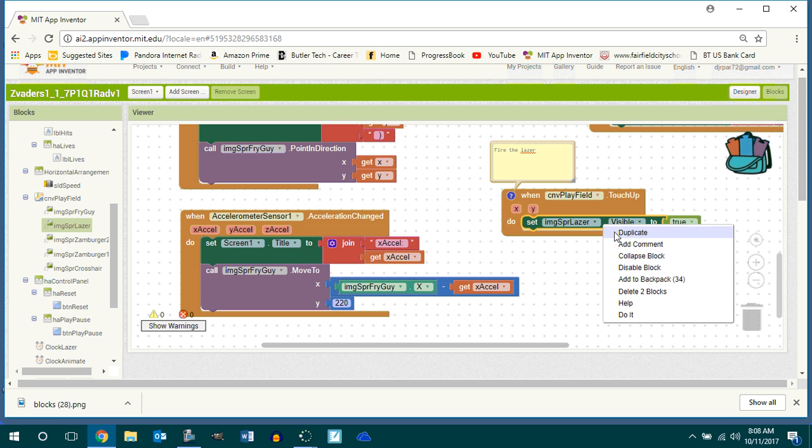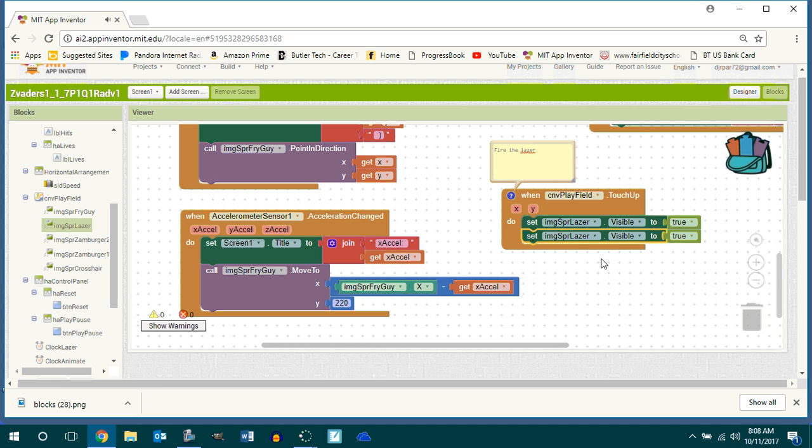And now I can set a bunch of the properties of my laser. I can set its speed. I believe there's a heading to.